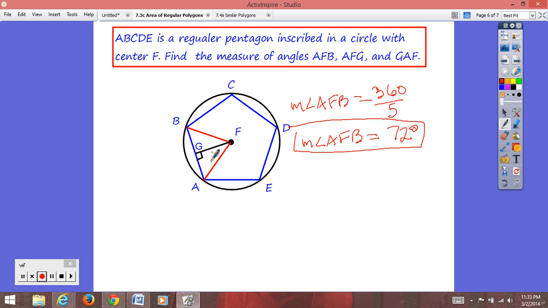Now to find the measure of angle AFG, we know that this apothem bisects the angle, so we simply need to take 72 and divide it by 2. The measure of angle AFG equals 72 divided by 2, which equals 36 degrees.